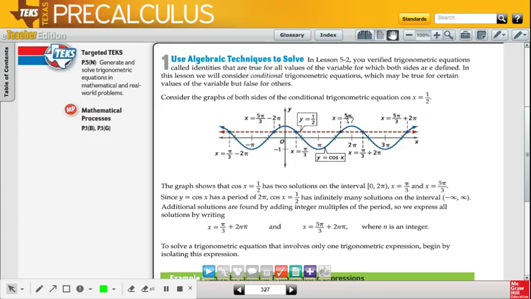If I were to do 5 pi over 3, which is in the middle, right here, if I were to do one full cycle to the right, one full cycle over here, basically adding 2 pi. But if I go back in the middle where 5 pi over 3 is, if I were to do one full cycle to the left, I'm subtracting by 2 pi.